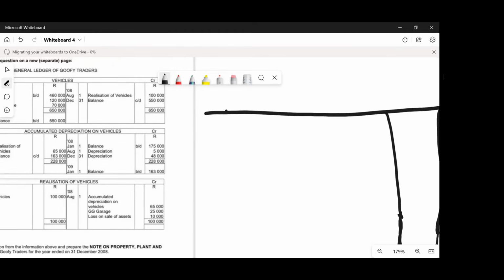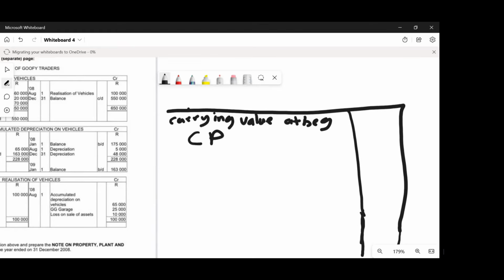We said to start off with what? With the opening balance. Okay. Start off with carrying value at the beginning. And then afterwards, we have a cost price. And then you have your accumulated depreciation.